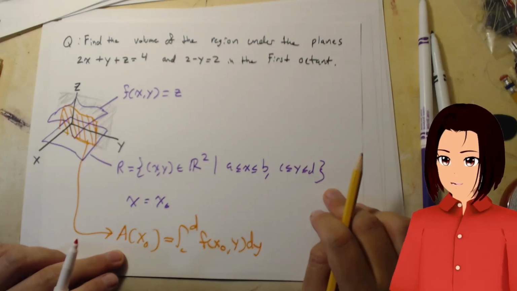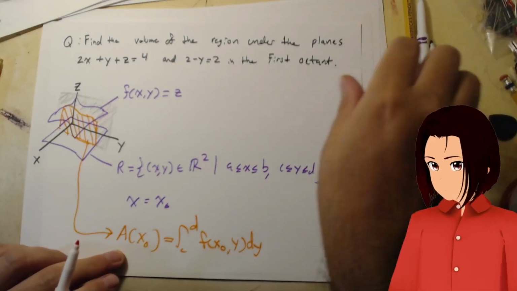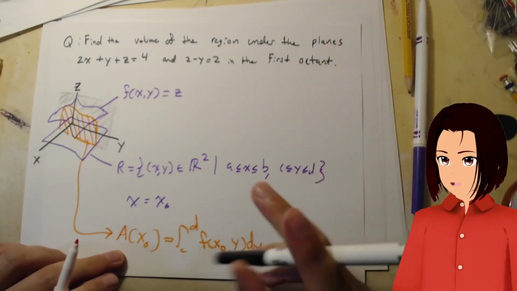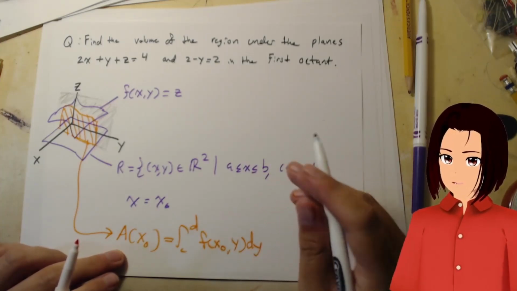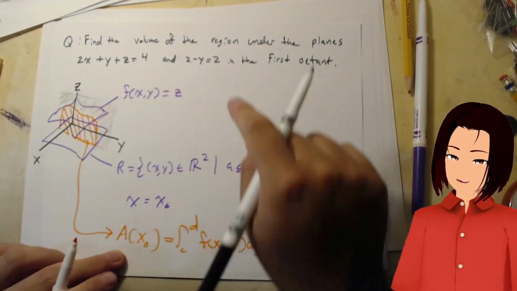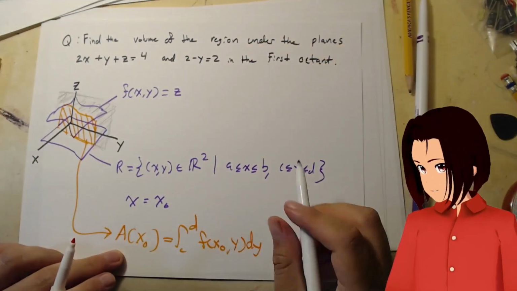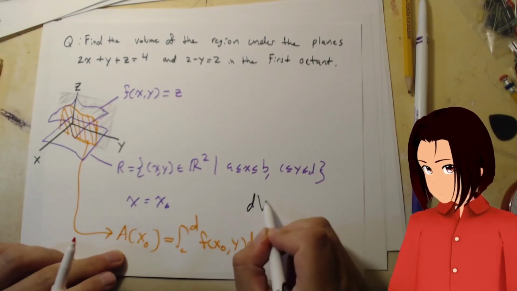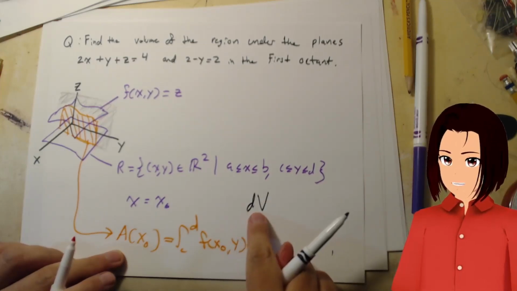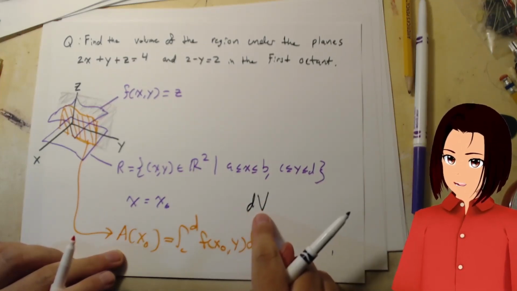Now, here's the idea. In order to get the volume underneath here, this is important: our dV, because we're going to need to sum all these up to have the integral, this is how integrals work.